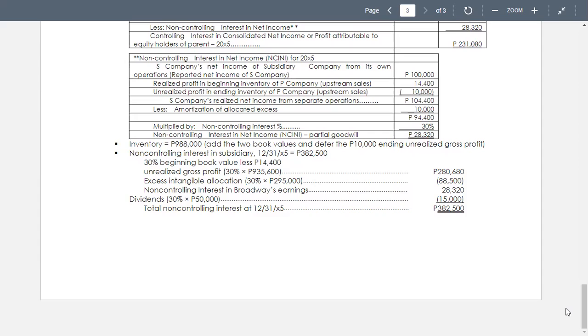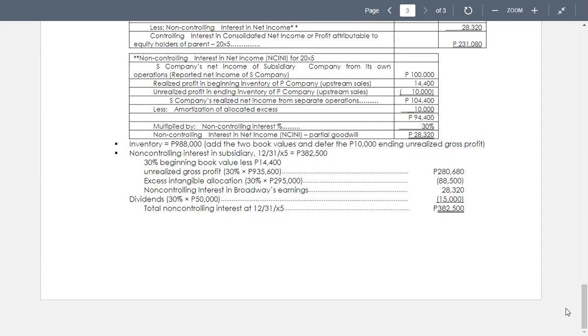Okay, now let's go through the supporting computations for non-controlling interest in net income for 20x4. We have now the subsidiary company's net income from its own operations.